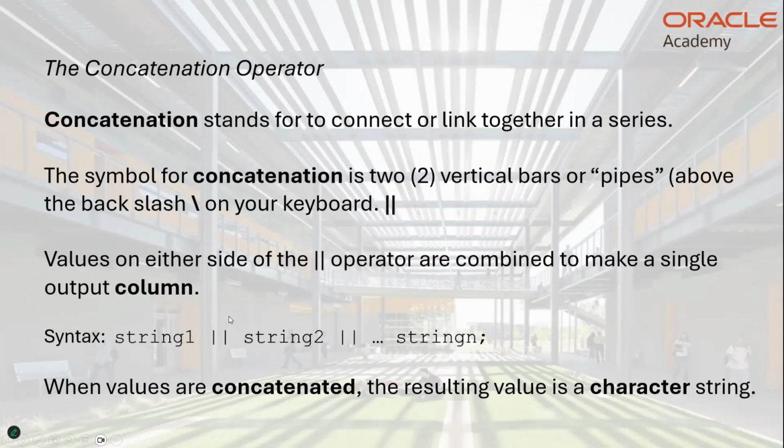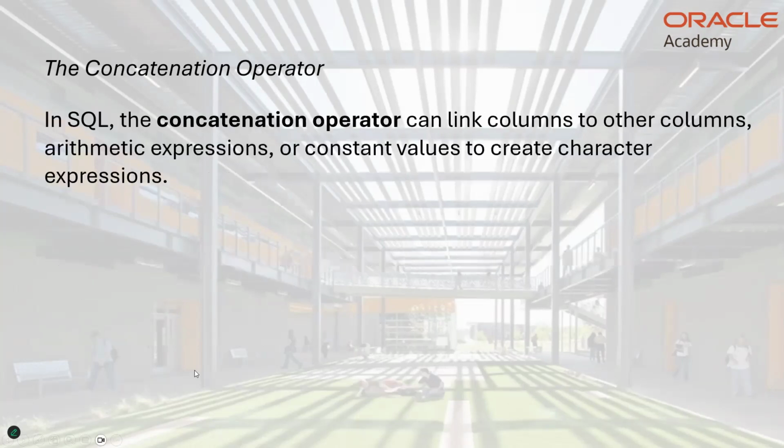Yes, but the system will treat the numbers as alphanumeric, which means that if you're concatenating 1 and 1, you get 1, 1, which could be 11. So anyway, that's just a way to think of this. And generally this is how you use it. You can use a concatenation operator, and that's what that's called, to link columns to other columns.